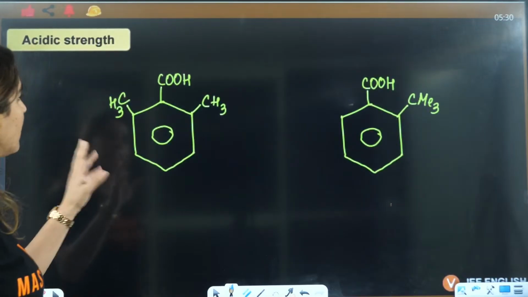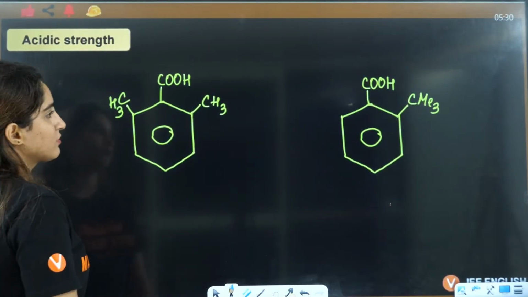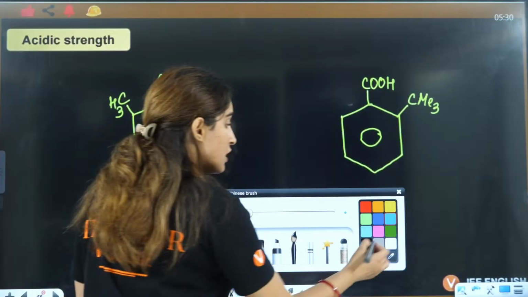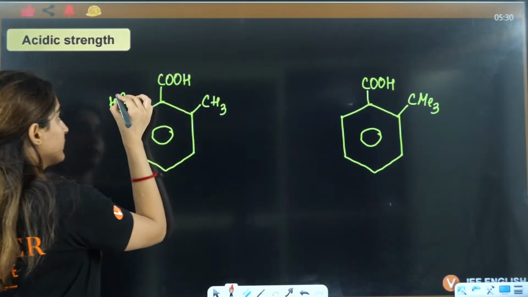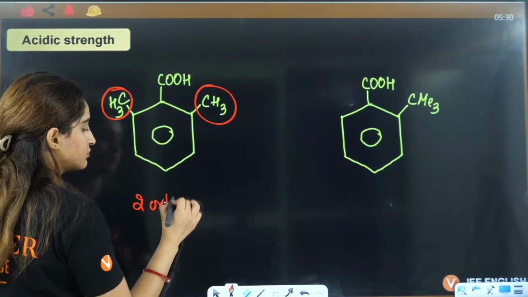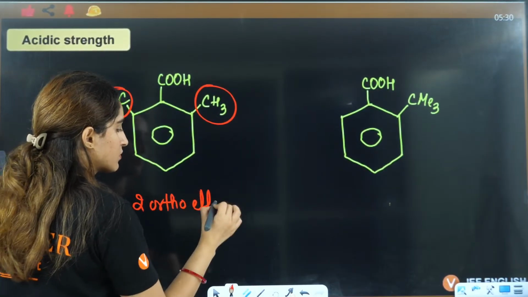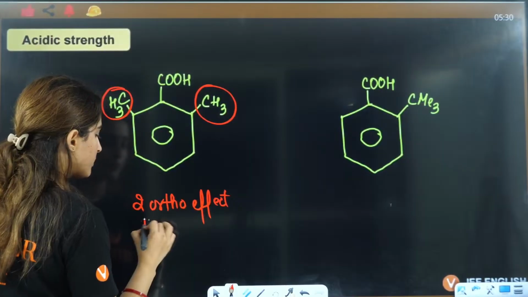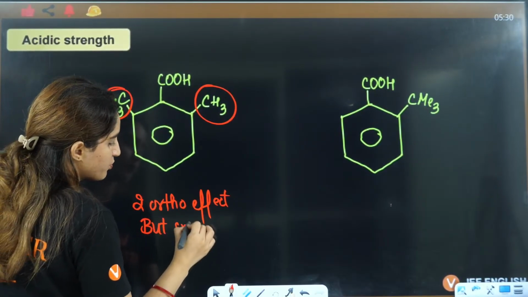Now here you have another question. Both have ortho effect, but here two ortho effects, with a smaller group.